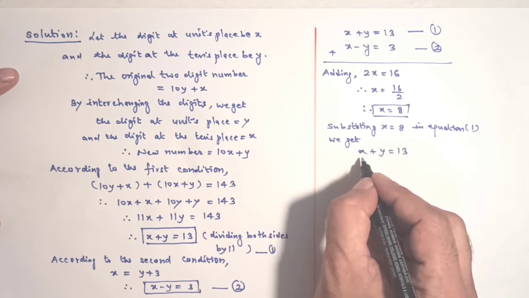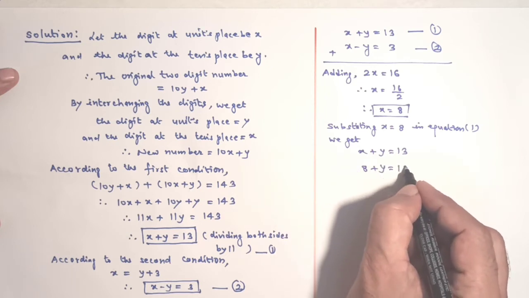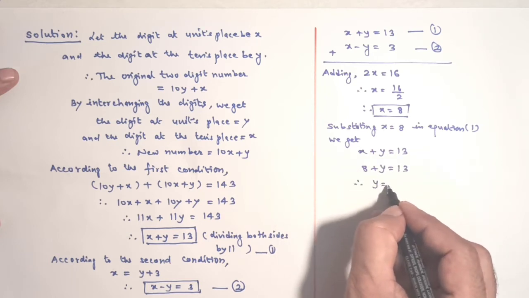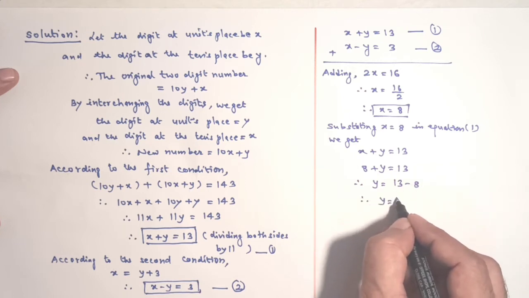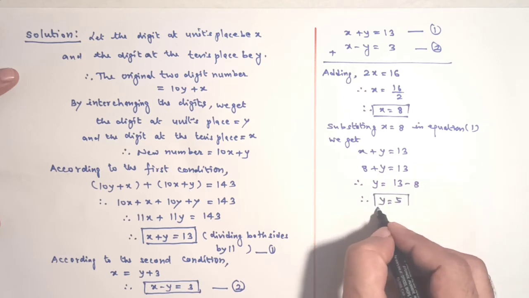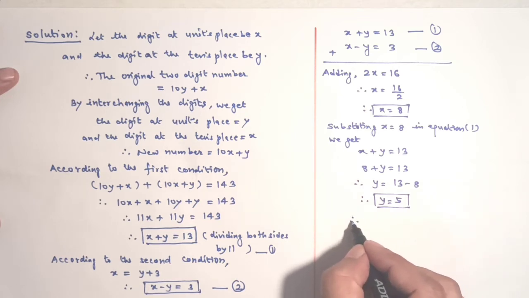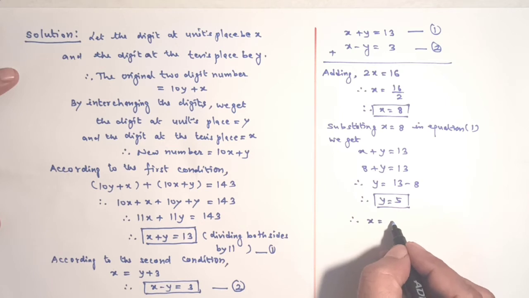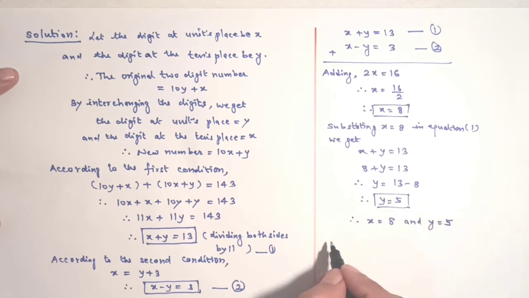When you put x is equal to 8, you get 8 plus y is equal to 13. Therefore y is equal to 13 minus 8, and therefore y is equal to 5. Therefore you got x is equal to 8 and y is equal to 5.